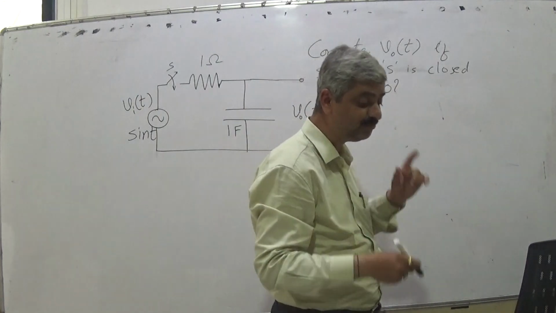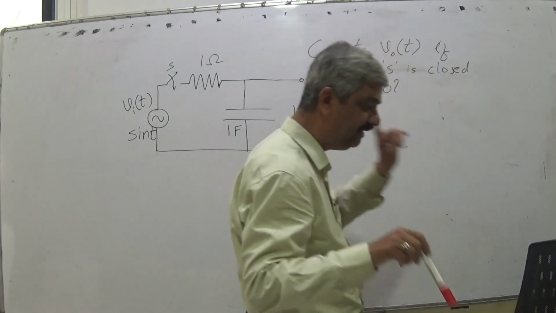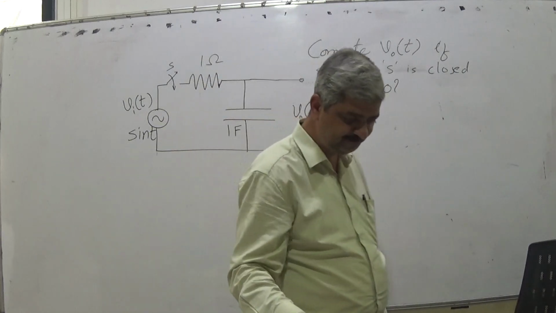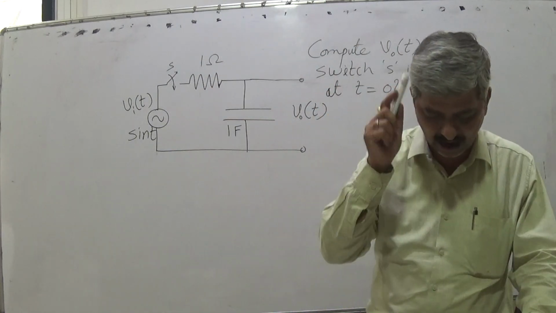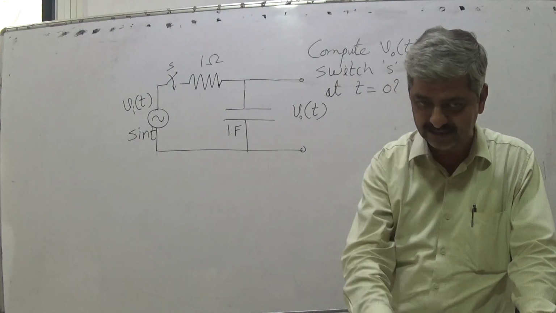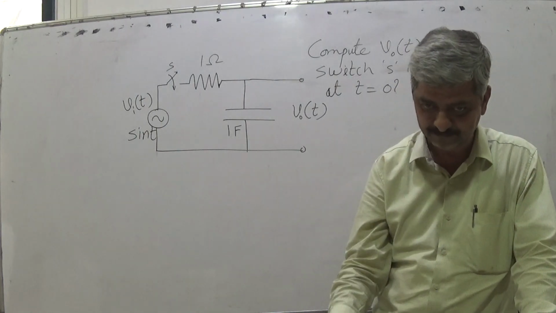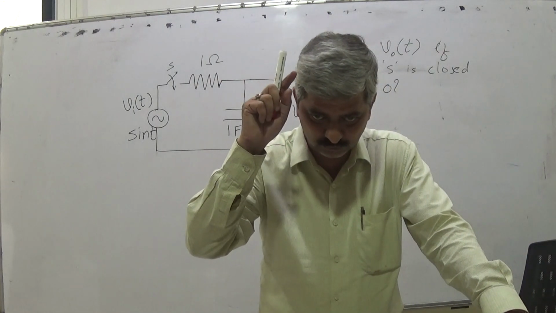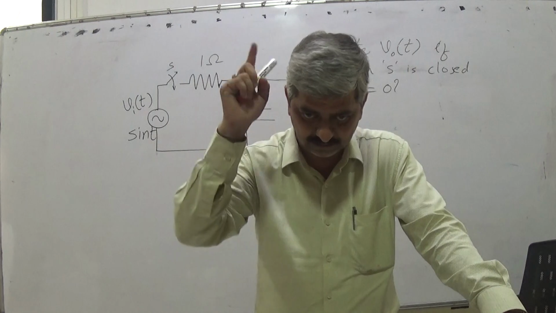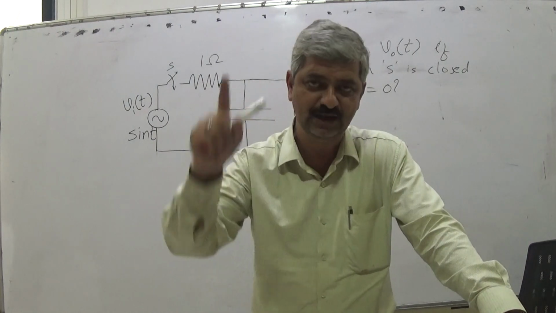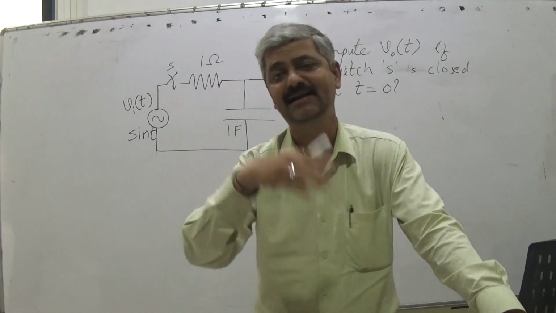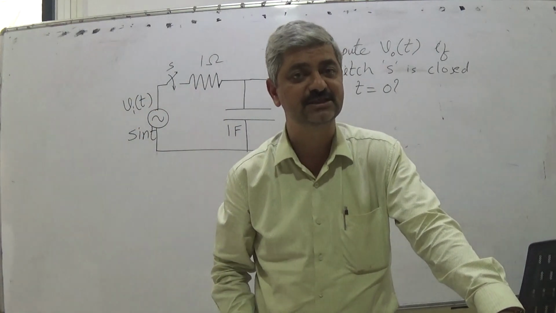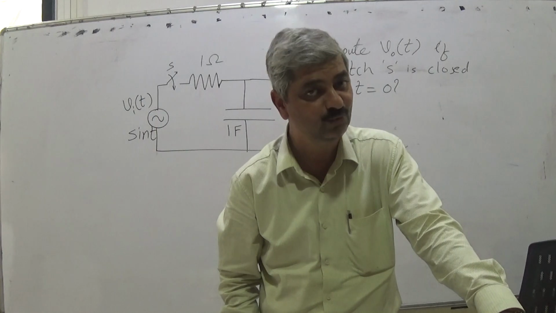Here the problem description is incomplete, because I again repeat, whenever we have a circuit consisting of R, L and C, a resistance is fully described by its value, and it is over.